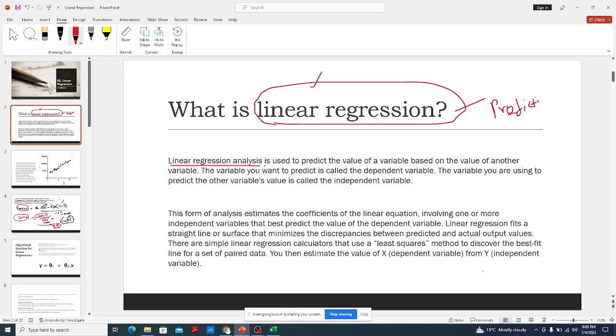So, linear regression analysis is used to predict the value of a variable based on the value of another variable.